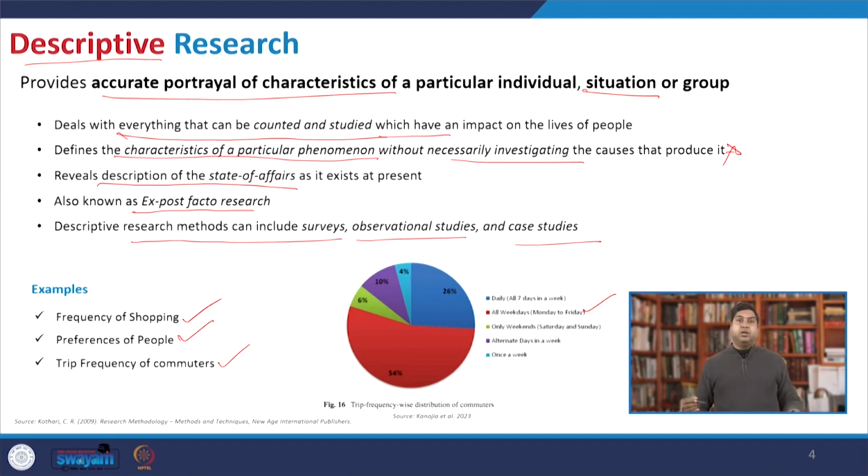If you want to know further, then definitely it is done through a survey. You have to ask, in this 54% of daily commuters, how many are male commuters, how many are female, how many are students, how many are in jobs. So we can classify further and describe.